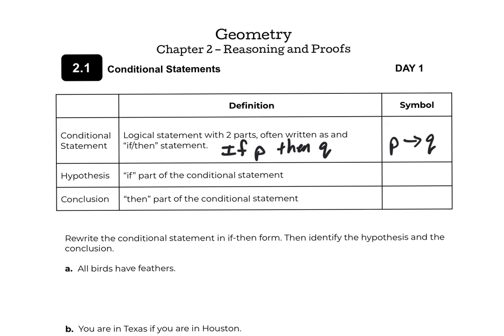The hypothesis is the if part. So that's the P part. The conclusion is the ending statement based on what happens. So if I said something like, if today was Saturday, that'd be nice, huh?